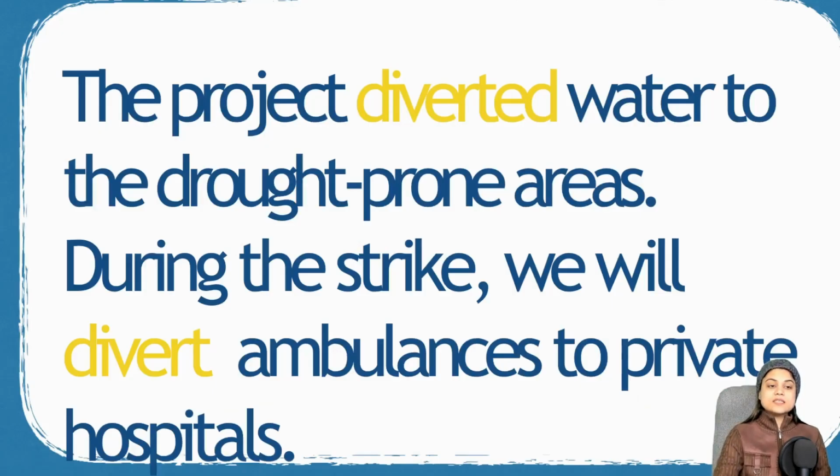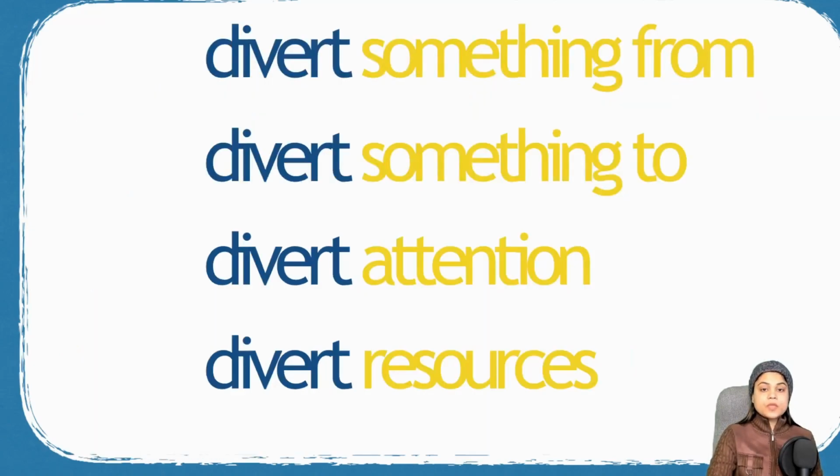Let's check some sentences. The project diverted water to the drought-prone areas. During the strike, we will divert ambulances to private hospitals. Let's check some common collocations: divert something from, divert something to, divert attention, divert resources.